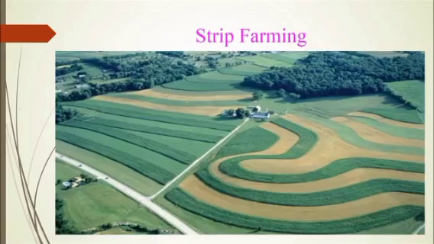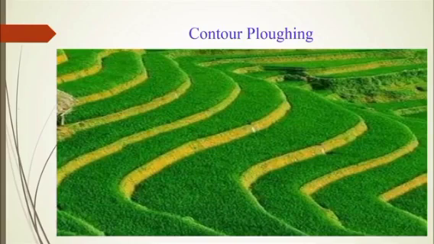Strip farming is the growing of crops in narrow, systematic strips or bands to reduce soil erosion from wind and water and otherwise improve agricultural production. Here we can see the picture of strip farming. Contour plowing is the farming practice of plowing and planting across a slope following its elevation contour lines.